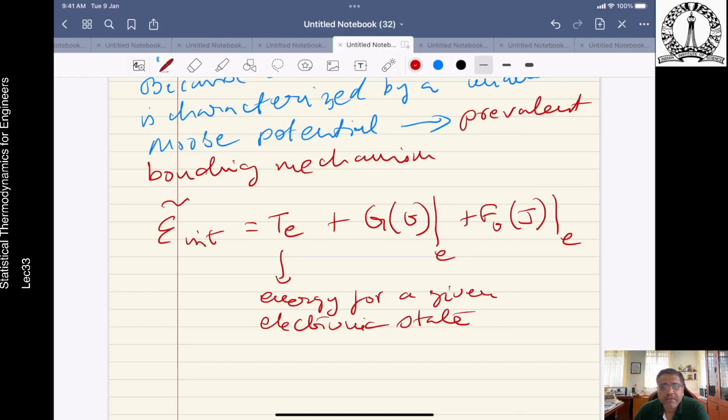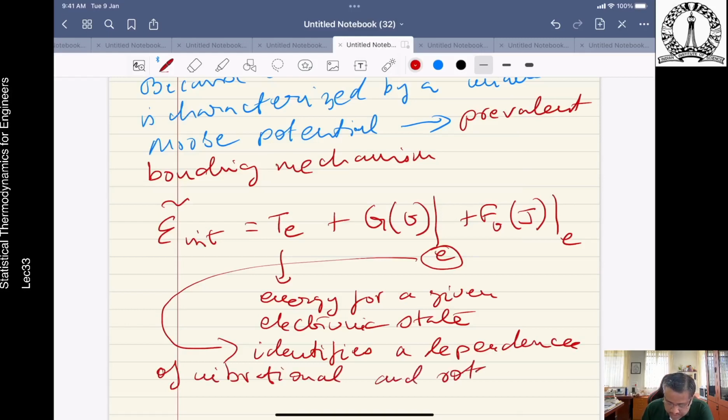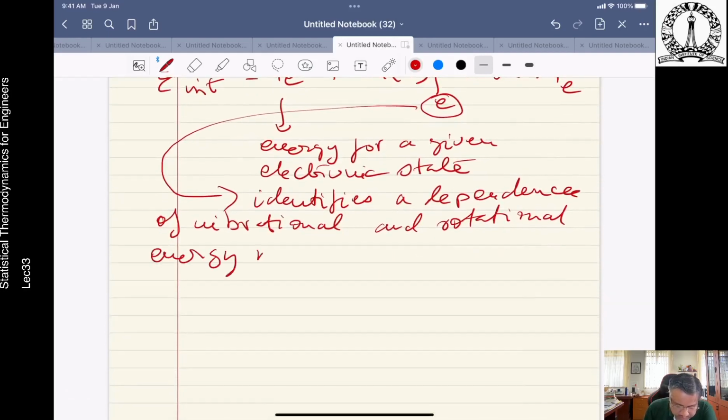The subscript e that you see here identifies a dependence of the vibrational and rotational energy modes on the electronic state.